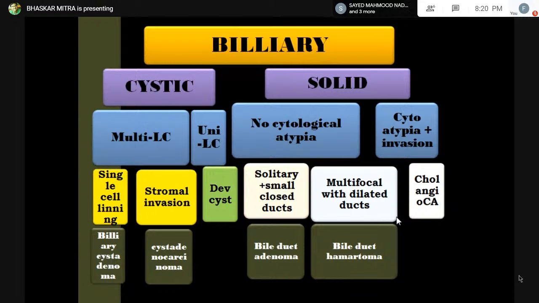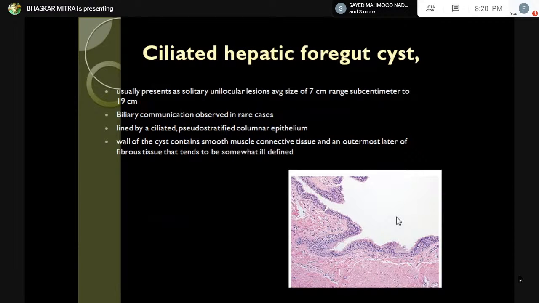So on this backdrop, we will discuss. First, a single cystic lesion in the liver. Now we have to see what it is. If it has a biliary communication, fine. Otherwise, we have to look at the lining. Is it lined by ciliated or pseudostratified columnar epithelium?